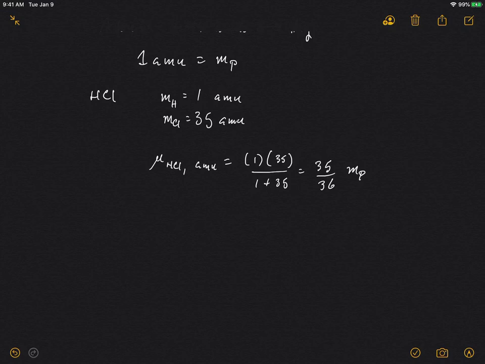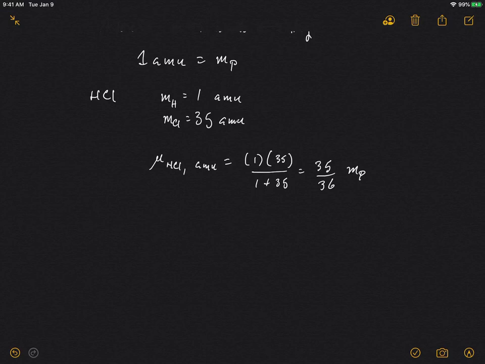It's good to keep in mind because if you're looking at HI or some other acid or HCl, and you end up with a reduced mass that's 10 to the 5th times the mass of a proton, then something's off. You entered something wrong in your calculator. So it's good to keep in mind roughly what orders of magnitude you're expecting.